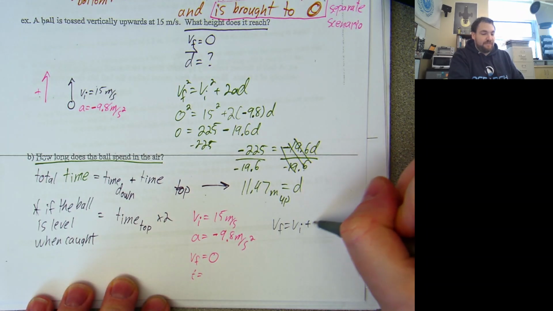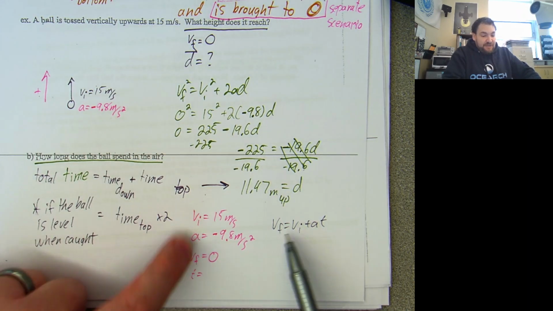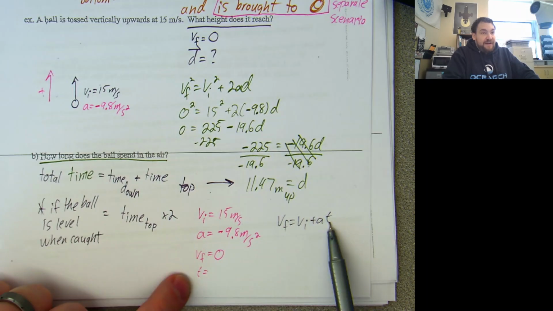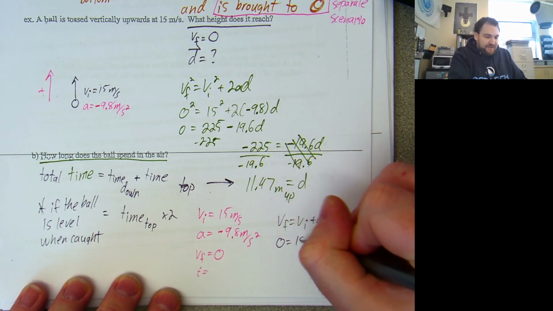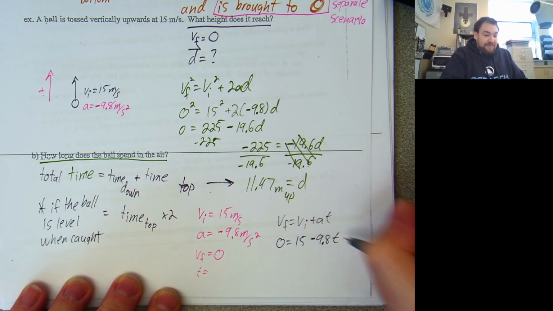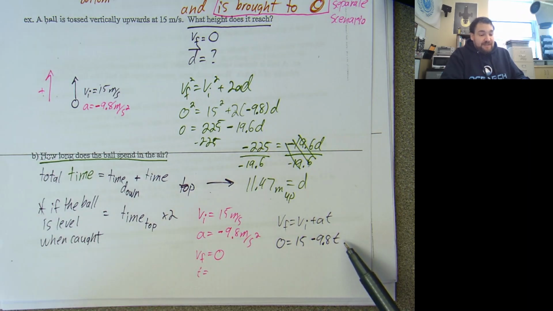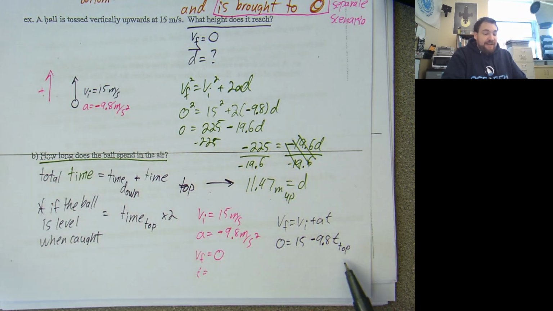If you don't have your formula sheet handy, I would encourage you to be able to reference it quickly. This one uses an initial velocity, a final velocity, and an acceleration to find a time. So we can plug it in and solve. VF is 0, VI is 15, A is negative 9.8, and time is what we're looking for. This time is going to be the time to the top, so I'm going to explicitly put that in there.